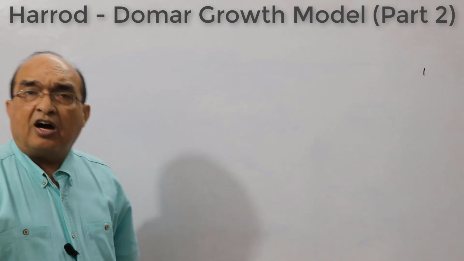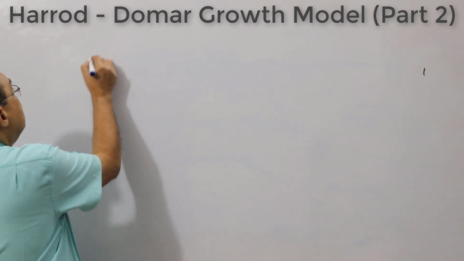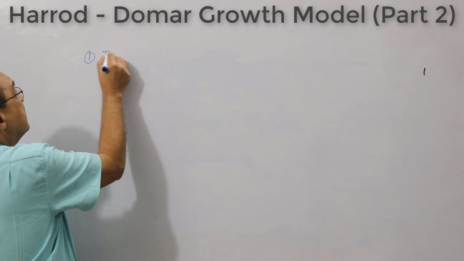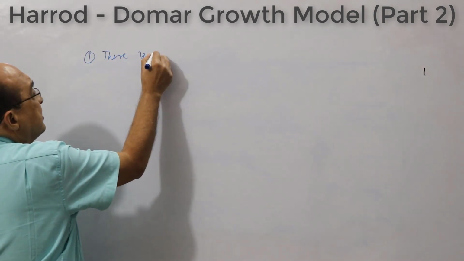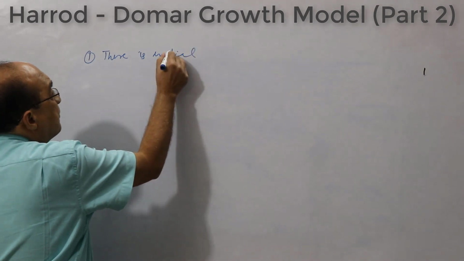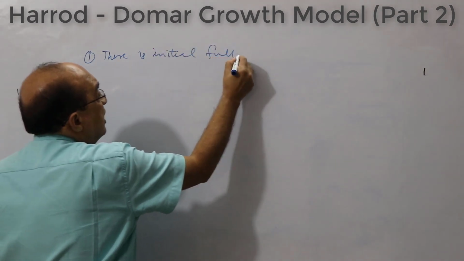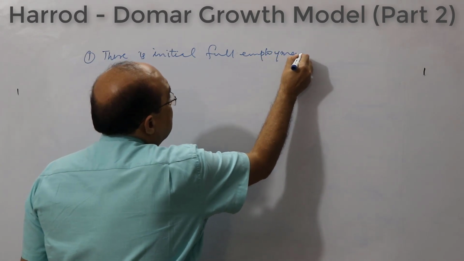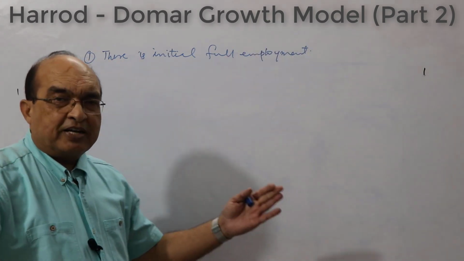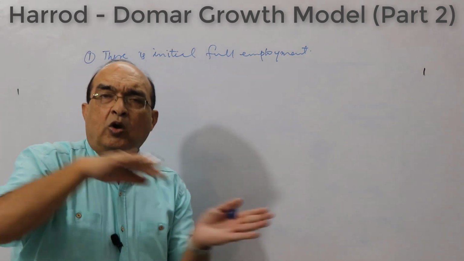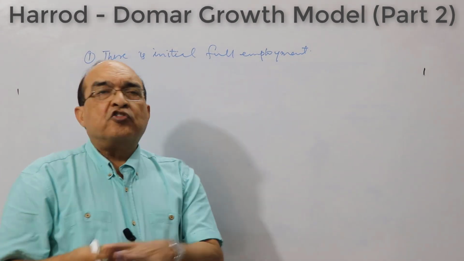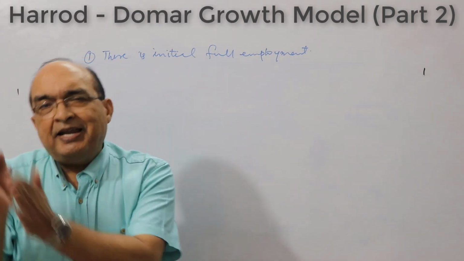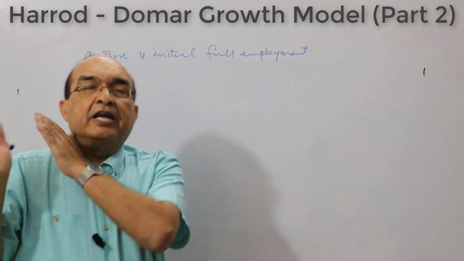The first assumption is that there is initial full employment. You begin with a position of full employment, you assume that the economy is in full employment. Now at what rate will things be changing so as to keep it in equilibrium?